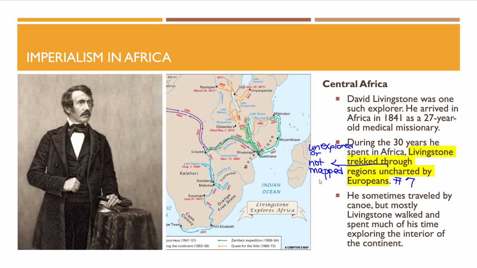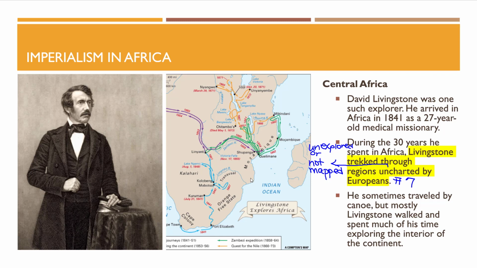So he trekked in certain areas and explored much of the interior of the continent here in Central Africa, along the Zambezi River, along the southern part of the Nile, and made some treks through the Limpopo River, and as you see here, down to the Cape of Good Hope, or Cape Town.